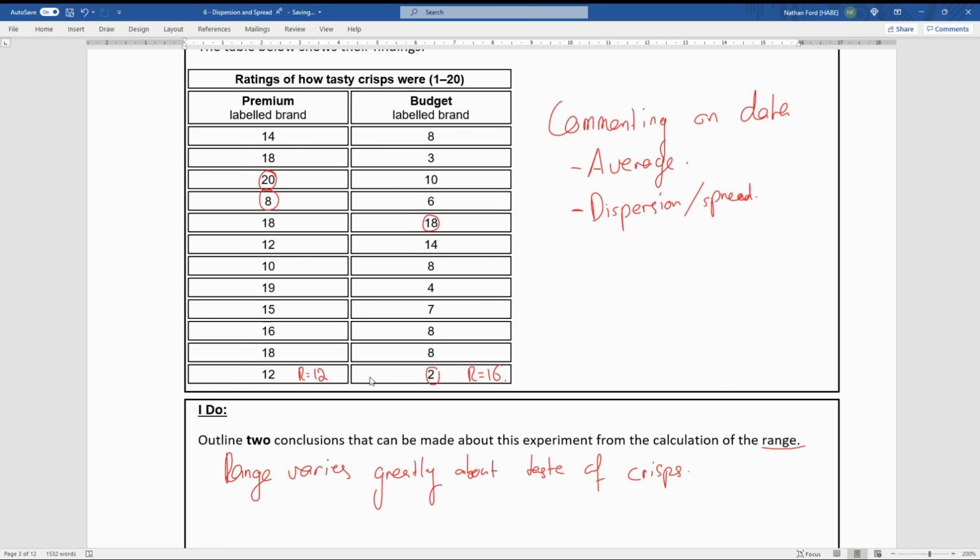Okay, and the other thing you could say is you would talk about the comparison between them.